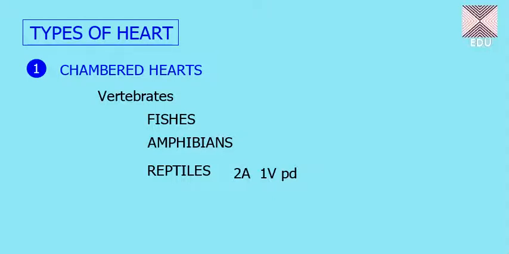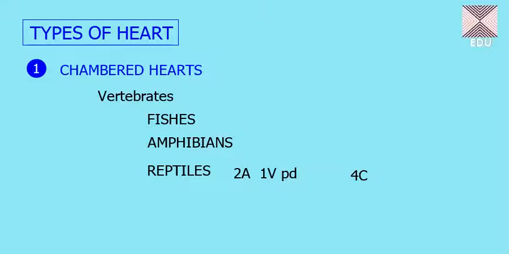The ventricle is also partially divided by a septum in most of the reptiles, but in the case of crocodiles and alligators, we have a four-chambered heart. This is an exception in reptiles. This is a heart very comparable to that of a bird or a mammal.